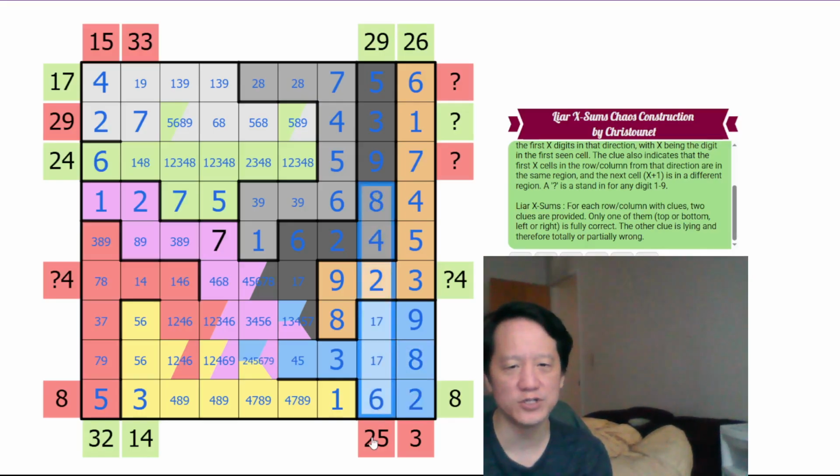6 cells in the same region, not valid. 6 cells adding up to 26, again, 3 and 7 is 10, 4, 5, 1 is 10, 10, 10, and 6 add up to 26.